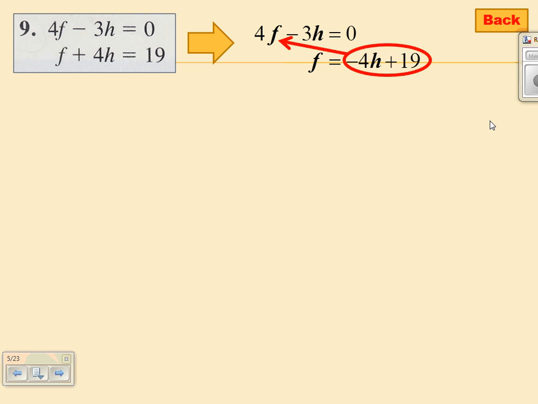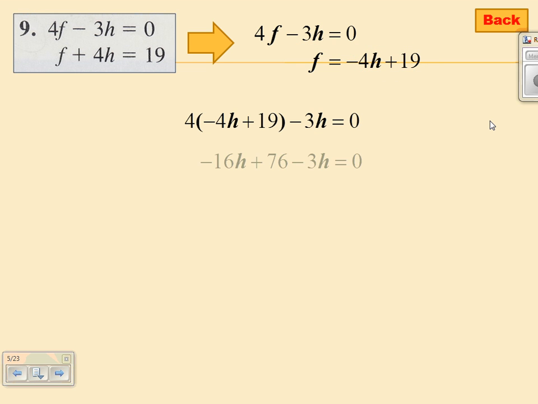And then we'll plug negative 4h plus 19 into the top equation. And then we'll get 4 times negative 4h plus 19 minus 3h equals 0. I'll then do the distributive property. I then get negative 16h plus 76 minus 3h equals 0.